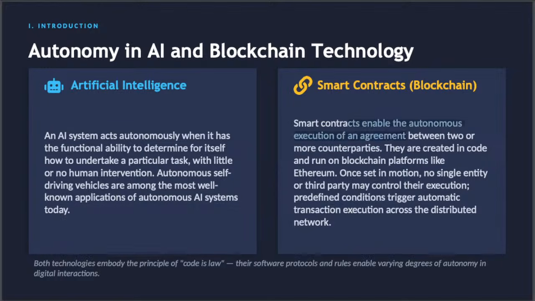So this sounds very much like a contract. They are created in code, though, and run on blockchain platforms like Ethereum. Once set in motion, no single entity or third party may control their execution. Predefined conditions trigger automatic transaction execution across the distributed network.